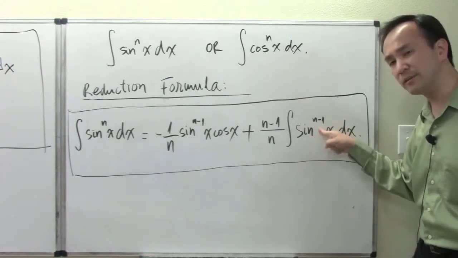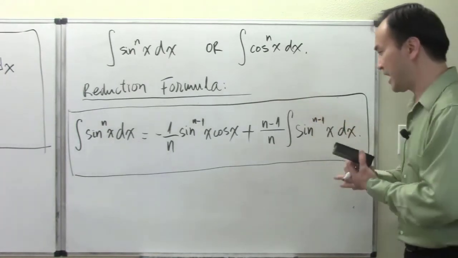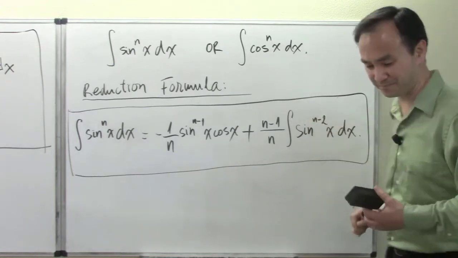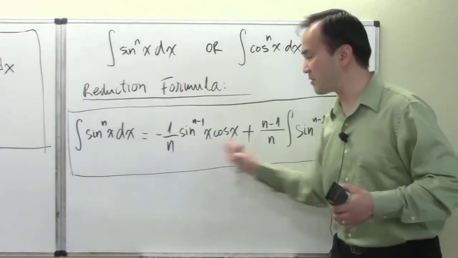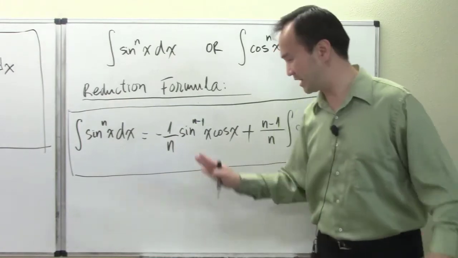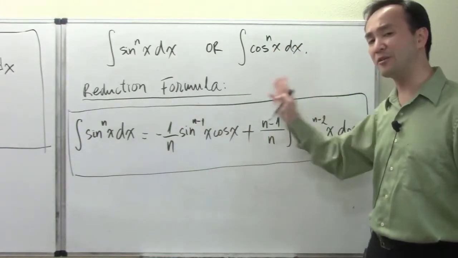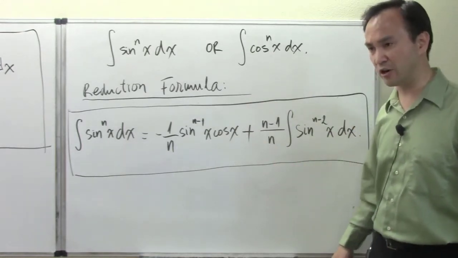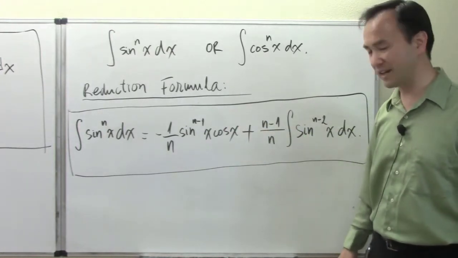The good news about this integral is that it's now in lower power. And actually I had a typo here, I just realized it needs to be n minus 2 here. That's why the formula is called a reduction formula. It doesn't solve the problem immediately, but it does bring the power down, and then we can apply the formula again if we have to, if our integral still has something else waiting ahead.